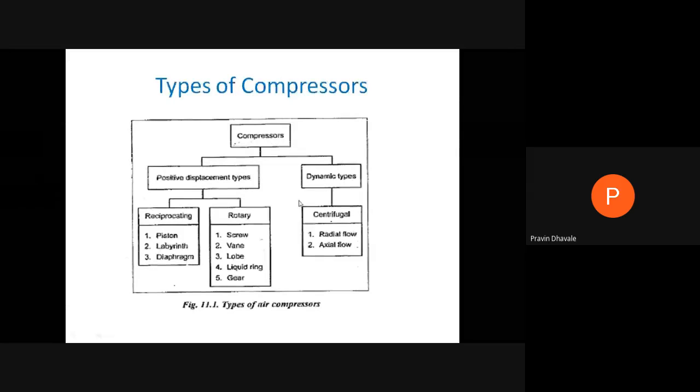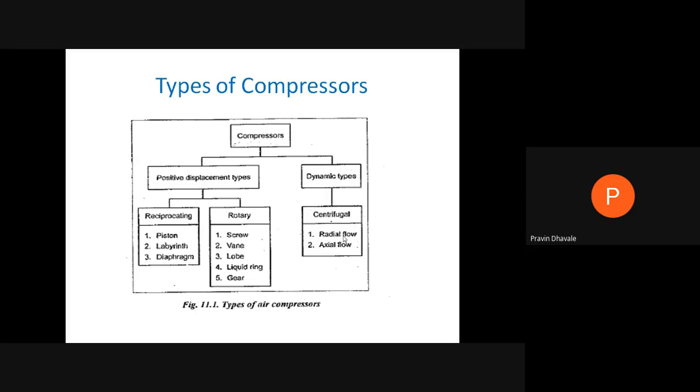And in the dynamic type, one of the most suitable types of dynamic air compressor is the centrifugal compressor. It mainly has two types, radial flow and axial flow. In radial flow, the air comes in at the center of the compressor and moves outside in a radial direction, radially outward.